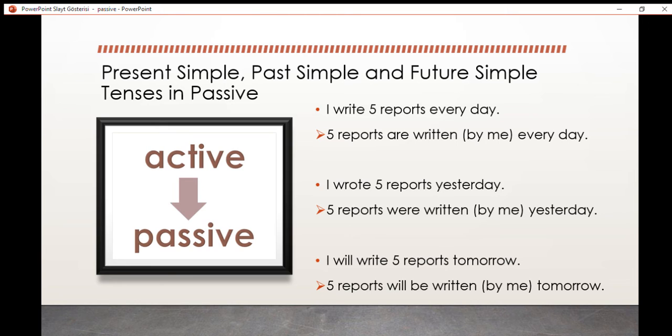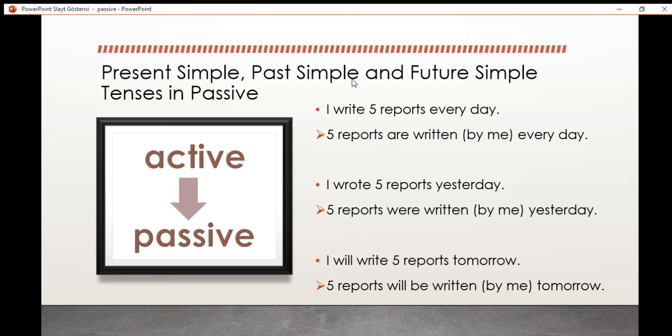So let's see together. I write 5 reports every day. This is a present simple tense. So, I found my object, 5 reports. That was my first step. I take it here and I put it in the beginning of the sentence, 5 reports. I check the tense is present simple.